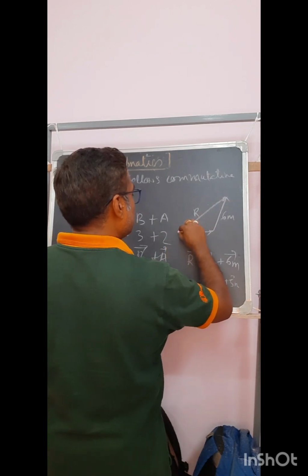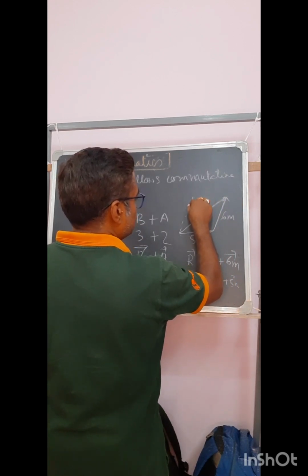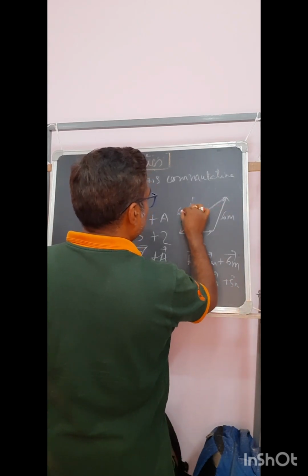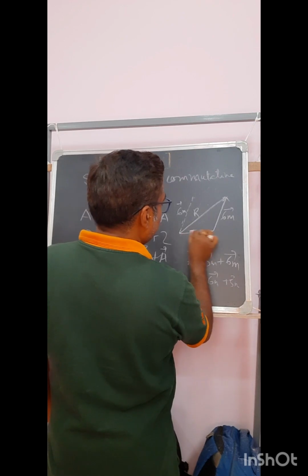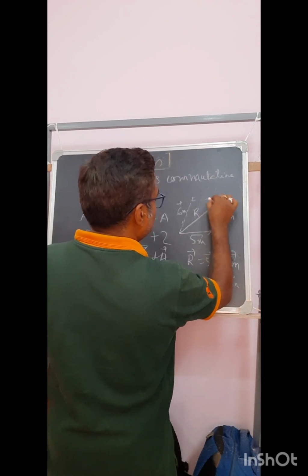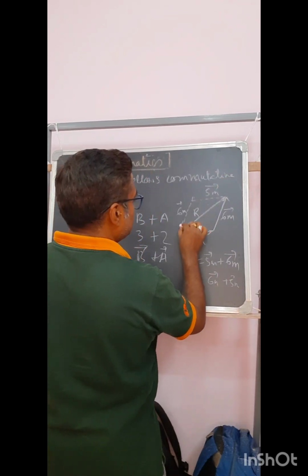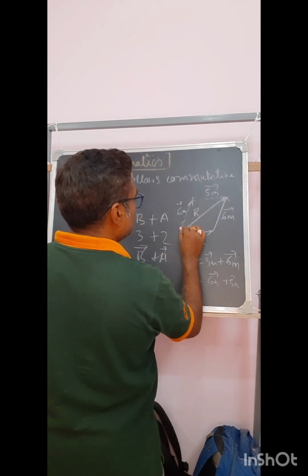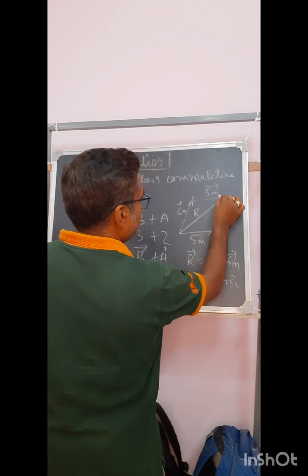Now if I take any vector parallel to this, because parallel shifting of a vector does not change the value, this 6 vector can be written like that. And if this is written parallel to this, then you can see the arrow for this 6 vector, which is taken parallel, is this way, followed by the 5, which will be this.